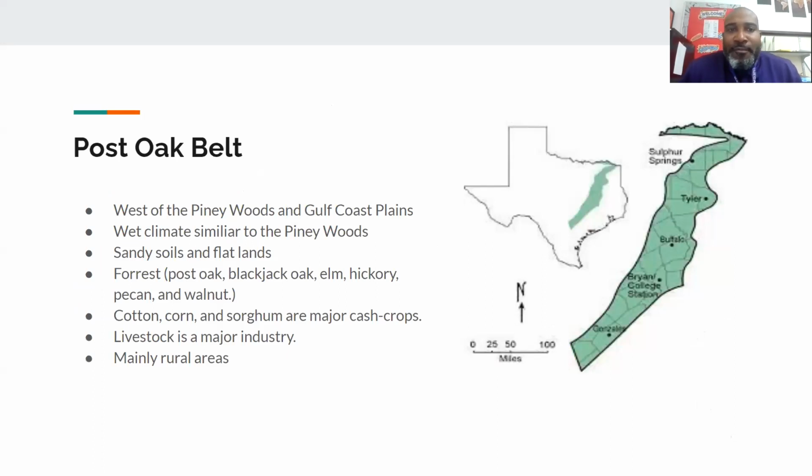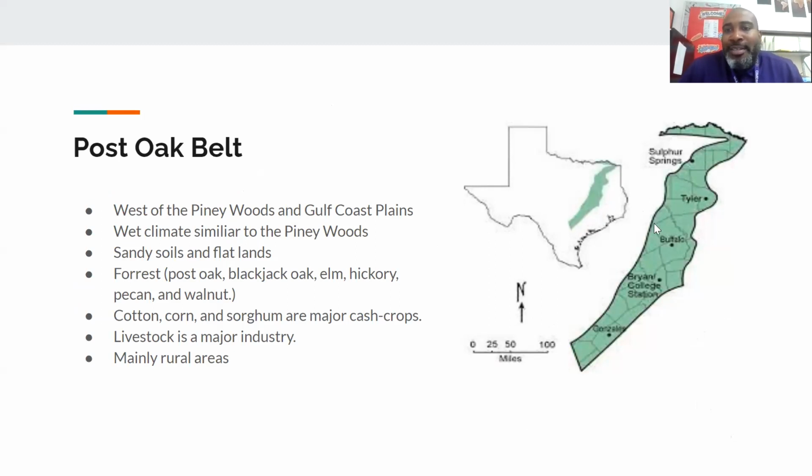The next one we have is the Post Oak Belt. The Post Oak Belt is a region that is close to the Piney Woods. It's pretty much close to all three of the subregions that we just mentioned. Right here in the green is the Post Oak Belt.